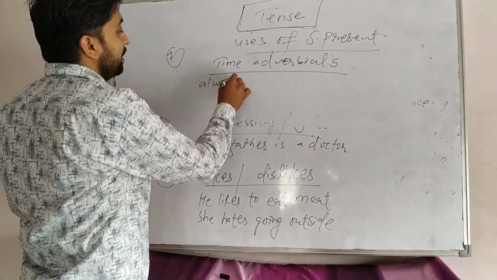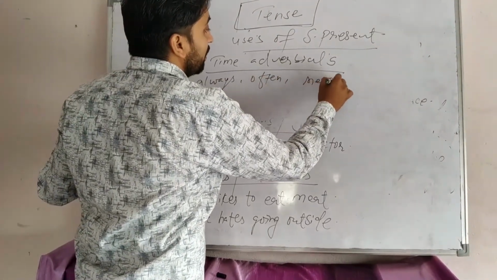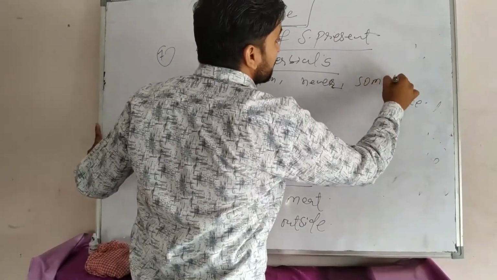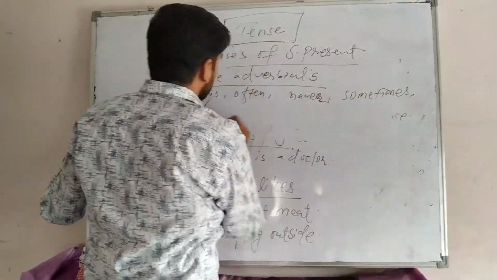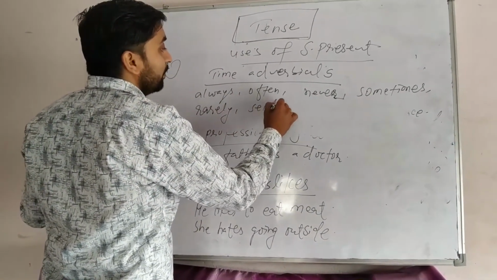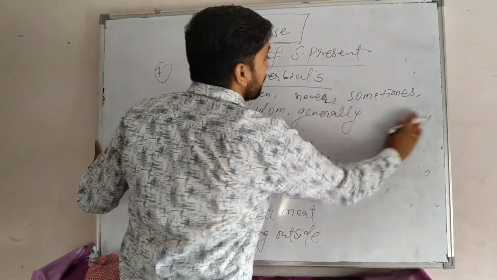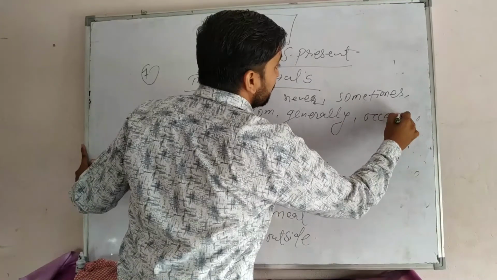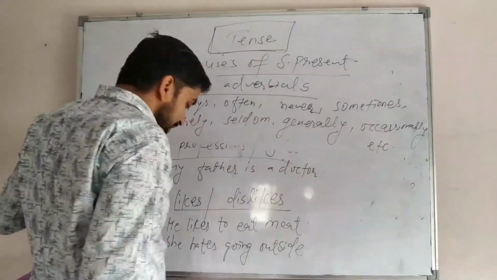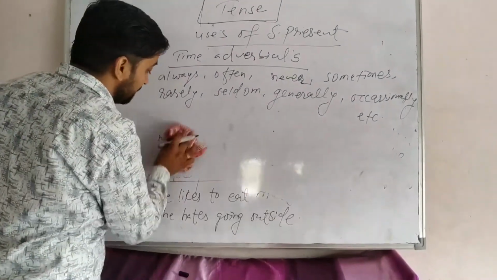Like always, often, never, sometimes, rarely, seldom, generally, occasionally. These are the time adverbials, and with these time adverbials, simple present tense is used.